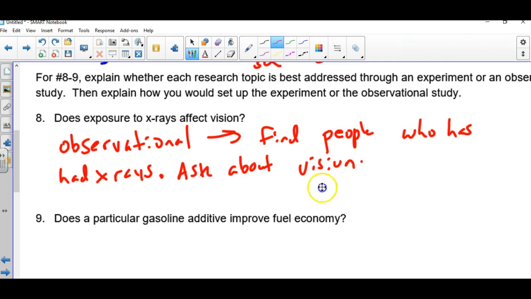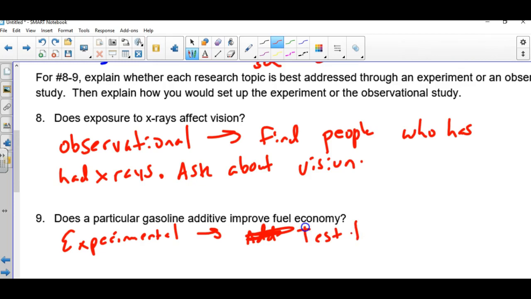All right. Right here it says, does a particular gasoline additive improve fuel economy? That's actually an example from your notes, and that would be experimental, because you would actually add the fuel, or you could test the fuel to see if it improves fuel economy.